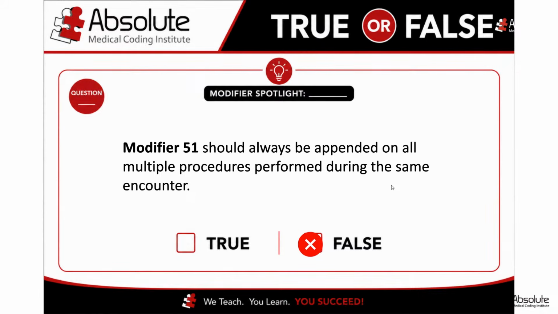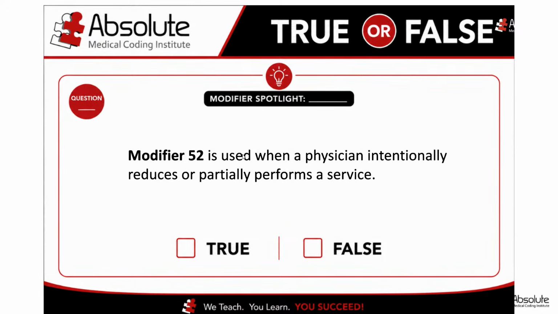So modifier 51 should always be appended on all multiple procedures. That's false because bilateral procedures are multiple procedures, right? So you're not going to append a 51 on a bilateral procedure. Good job, everyone. Hopefully that was an aha moment.